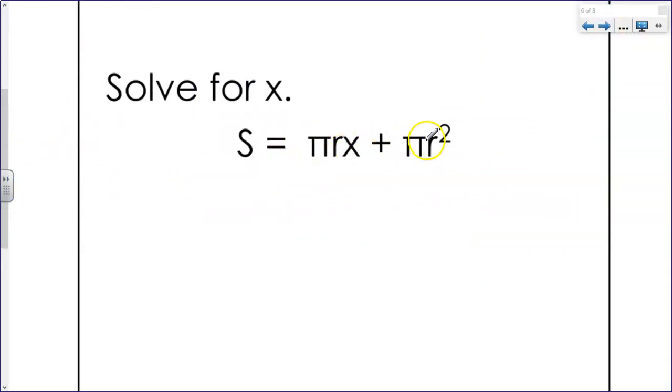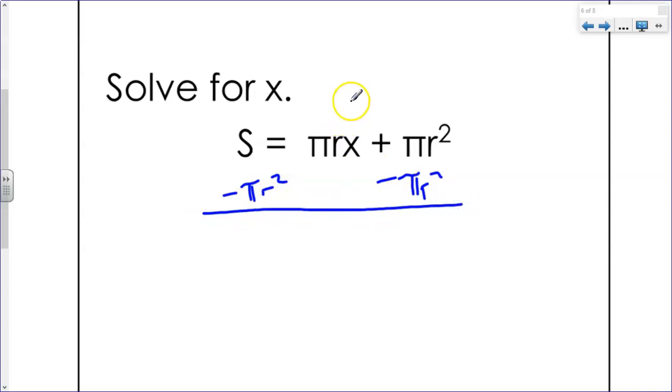Okay, here we need to solve for x. So I can subtract pi r squared from both sides. The x is right here that I'm trying to get by itself. That's going to give me 0.